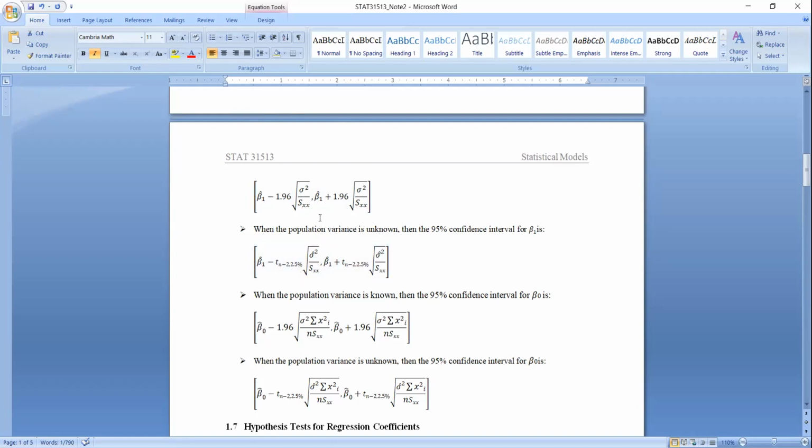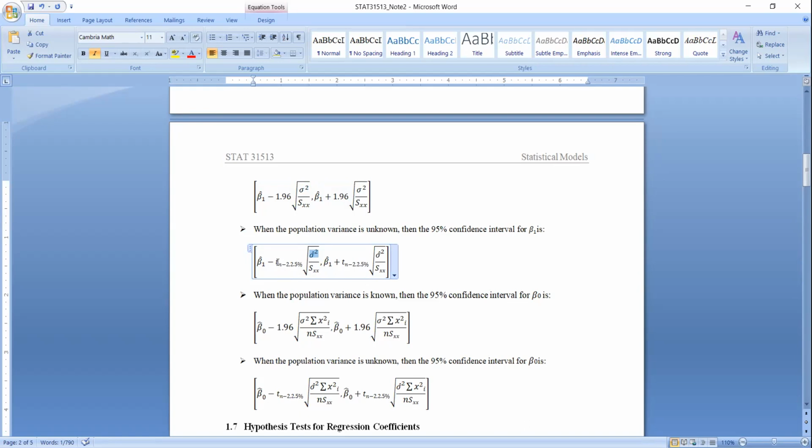And imagine you have no idea about the population variance. As we discussed, we can replace this sigma squared with the estimated value, sigma squared hat. In that case, the distribution will be a t distribution, not a standard normal, so you have to take the table values from the t distribution.